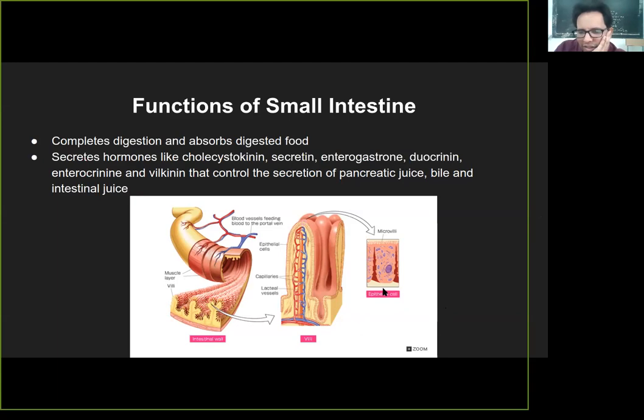Here I have just mentioned it. We will see this diagram further again in the histology part. But just to show you quickly, the inner walls of the small intestine are folded like this. If you can see here, there is an up and down, wave-like structure.